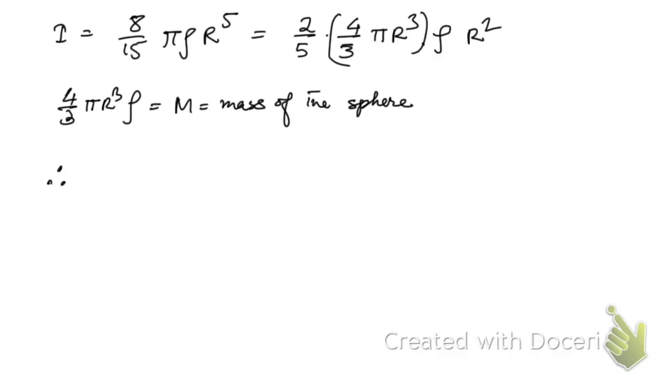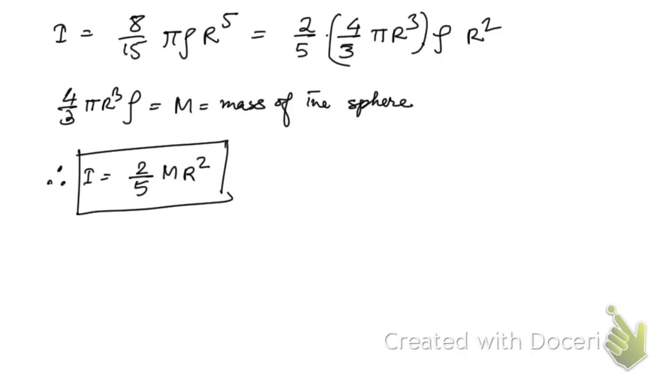Therefore what we have got, I is equal to 2 by 5 M r square. So this is the required answer, which is the moment of inertia of a sphere about its diameter, right? So hope you have understood this.